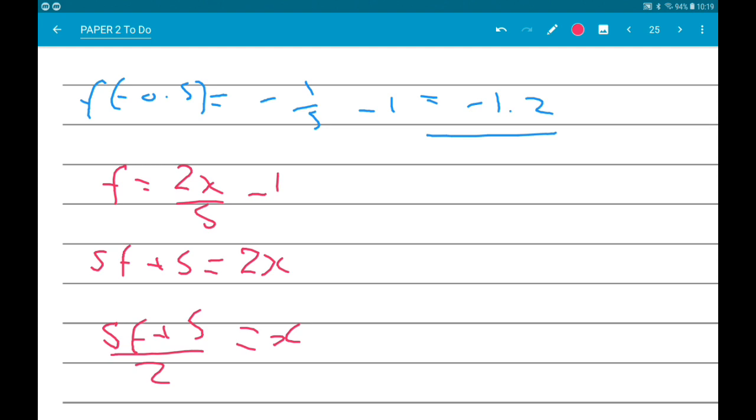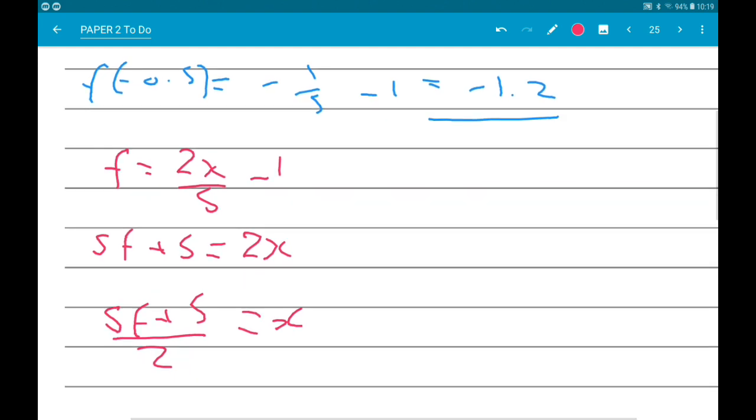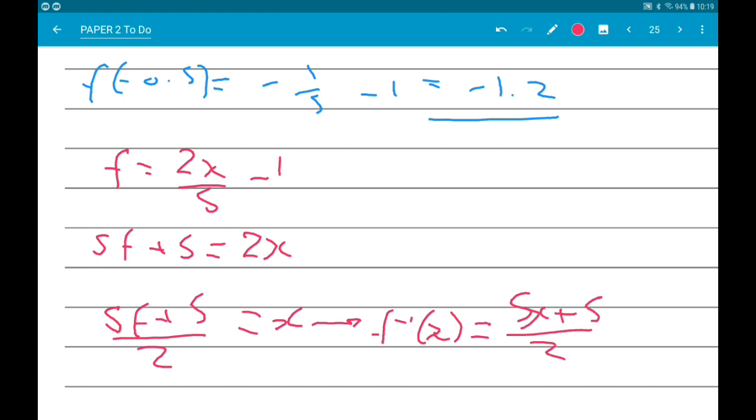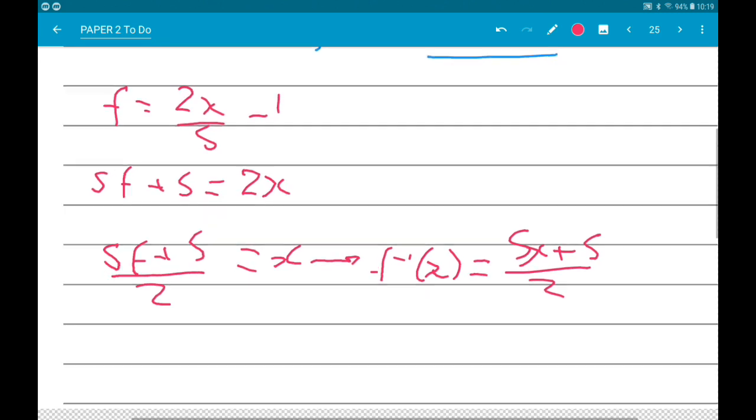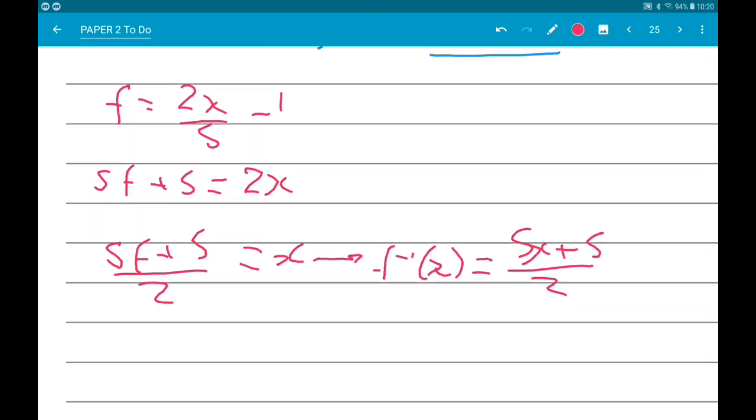Now at the end, x and f swap places, and f is now the inverse function. So this tells us that f inverse is 5x add 5 over 2. So now we can find f inverse of 3.